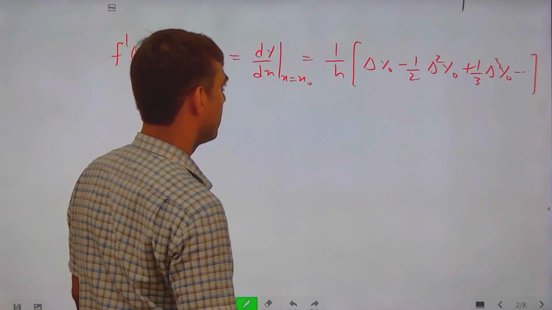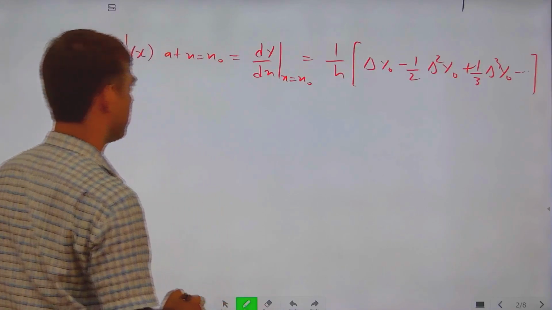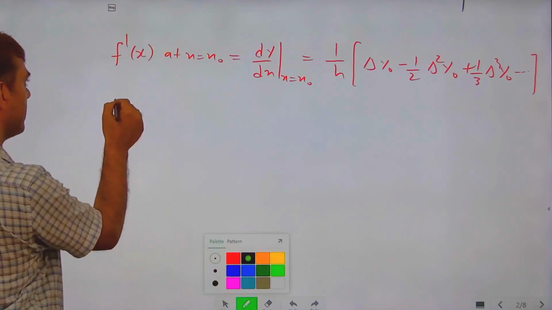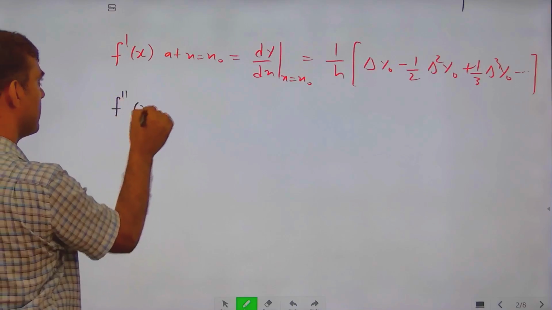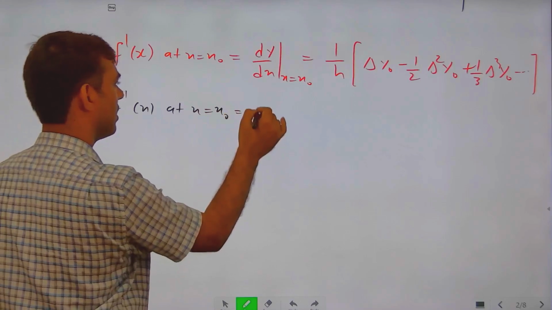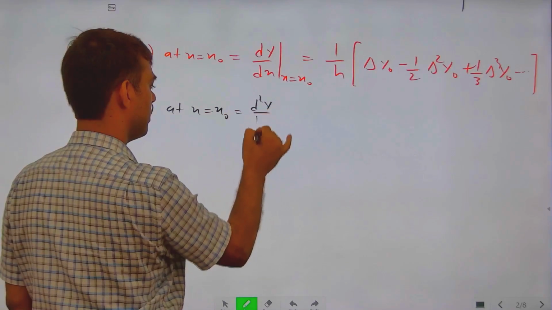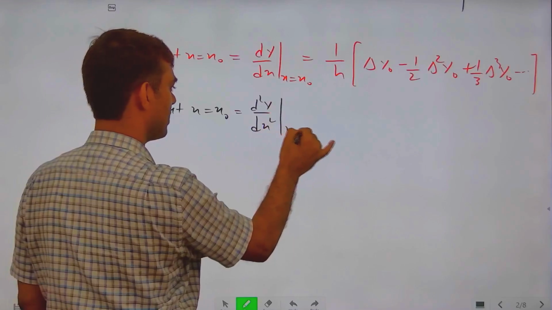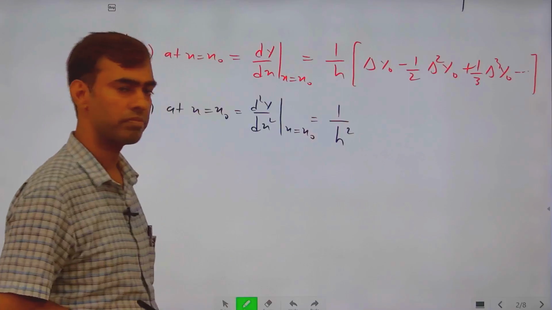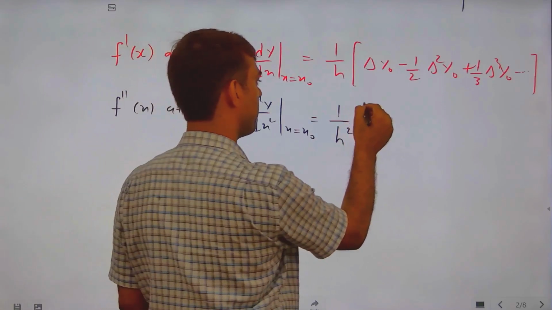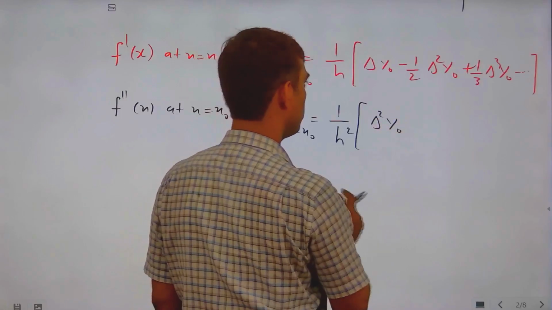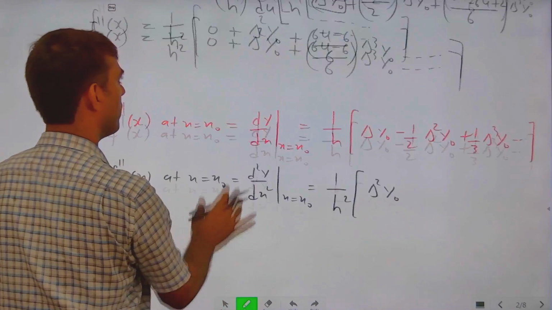Similarly, if we try to find the second derivative, then f''(x) at x equal to x0, that is d2y/dx2 at x equal to x0, becomes 1 upon h square, here del 2 y0, and what will happen here?